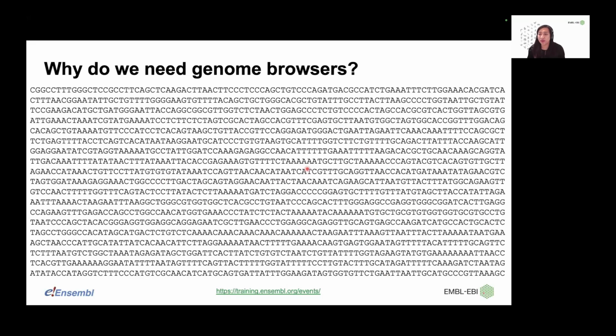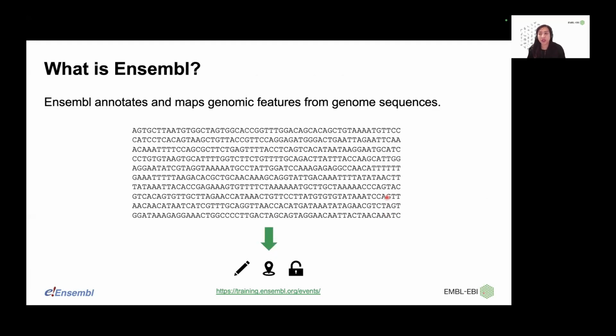So trying to read a genome without annotation data would be like trying to read a new language without a dictionary. It wouldn't really mean anything to you. And this is exactly what genome browsers are there for. Genome browsers map annotations and different features to genomic regions, giving the genomic region a value.